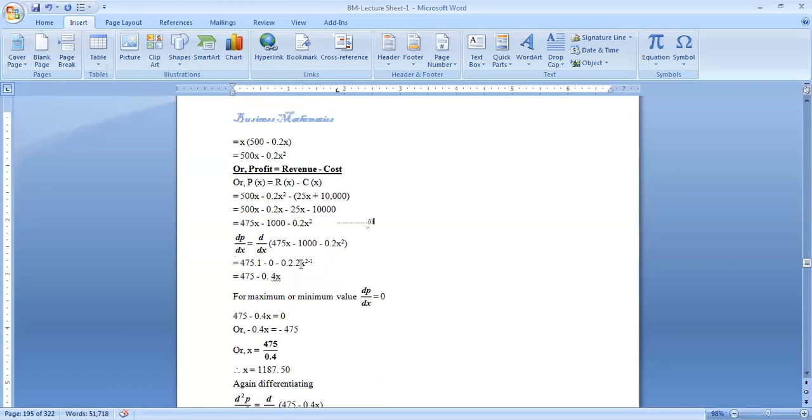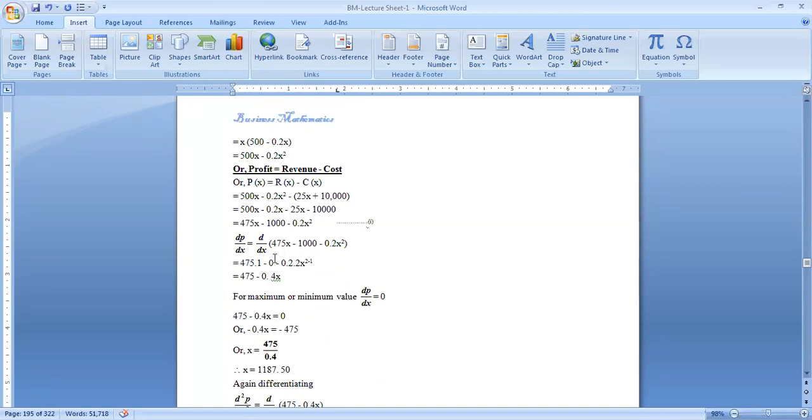Now taking the first differentiation, dp/dx, similar to the previous example, dp/dx equals to 475x minus 1000 minus 0.2x square. Differentiation of x will be 1, using formula number 2, and differentiation of 1000 will be 0.